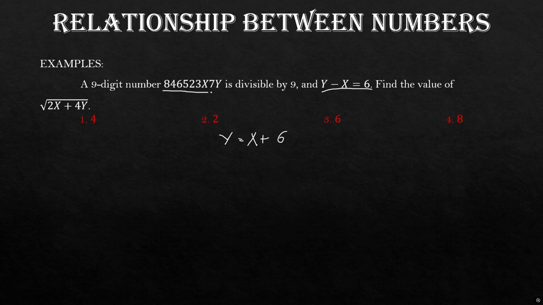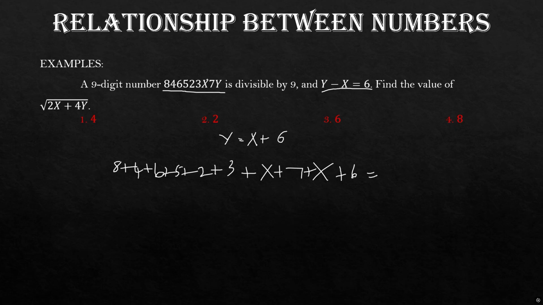By the divisibility rule of 9, the sum of the digits must be divisible by 9. So we need to sum this number: 8 plus 4 plus 6 plus 5 plus 2 plus 3 plus x plus 7 plus, in the place of y, x plus 6.